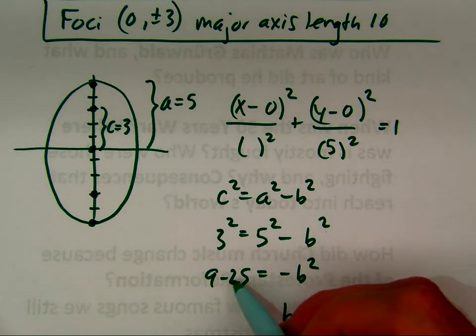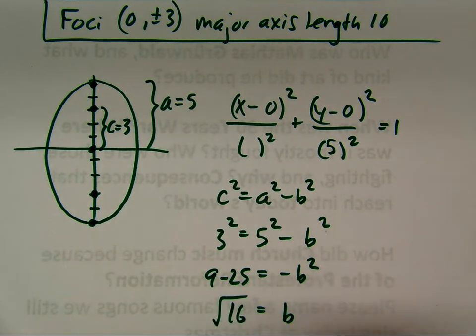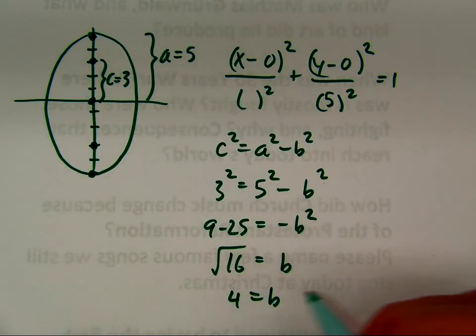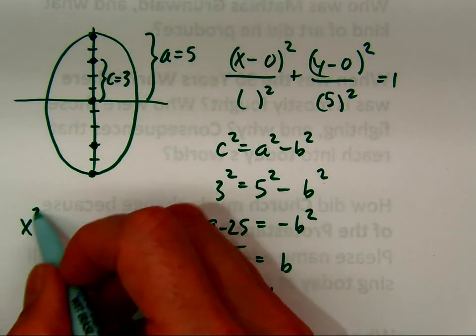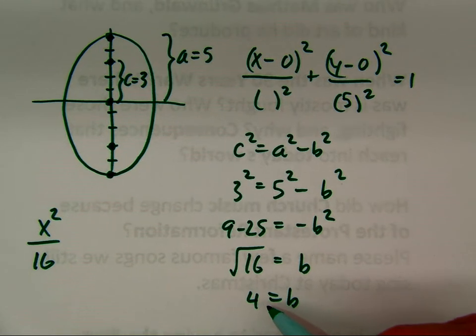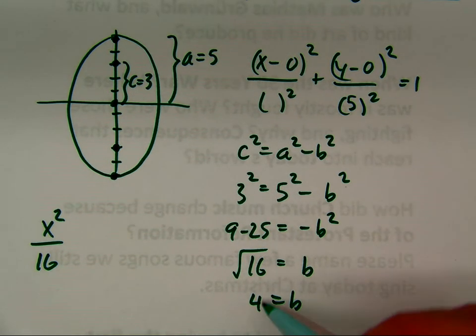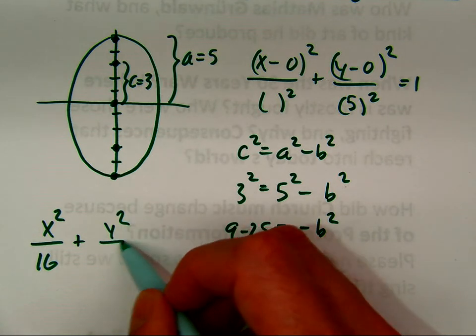This will be negative 16 divided by a negative is a positive, and then we square root. So b is 4. And that means we'll have a 16 if 4 goes there, and we get a 16. Here we have a 25.